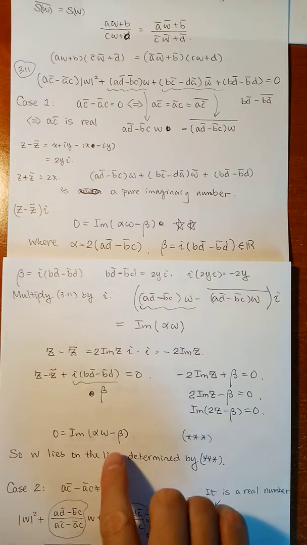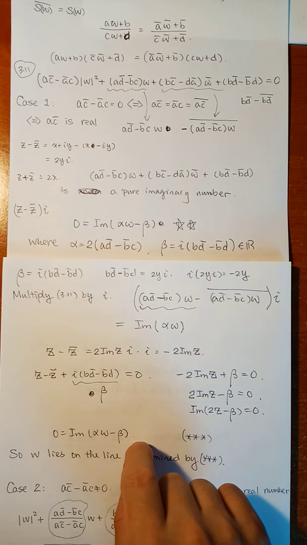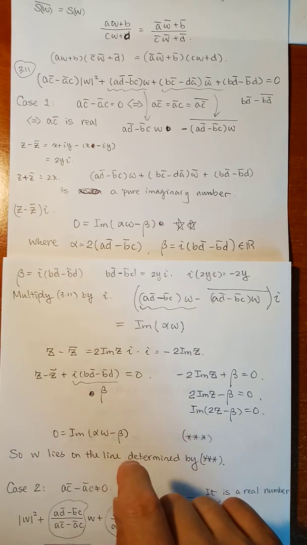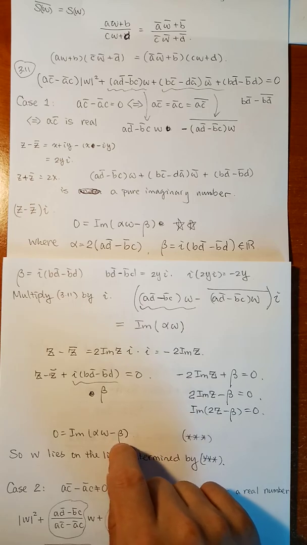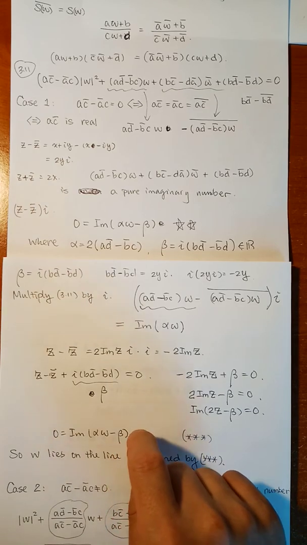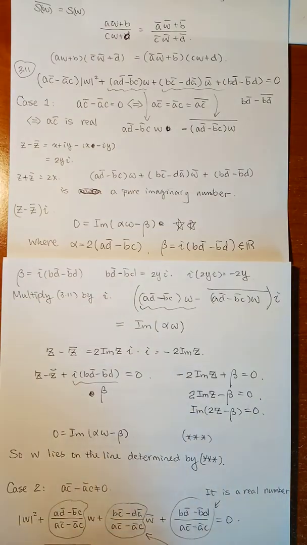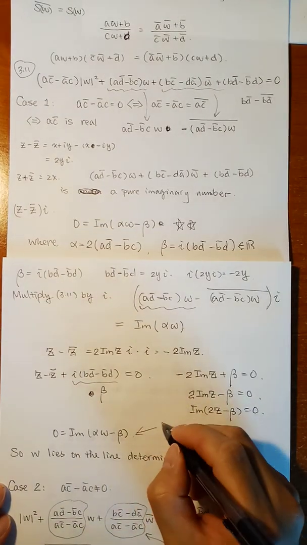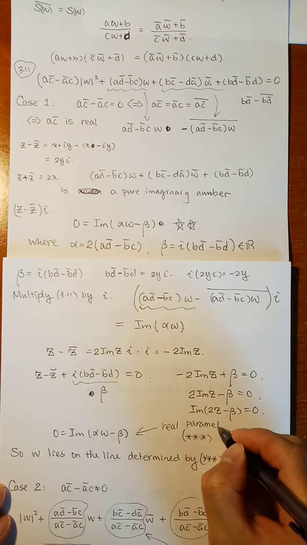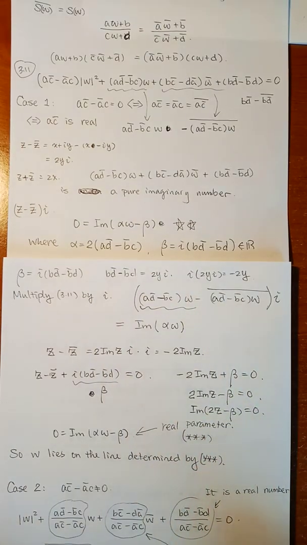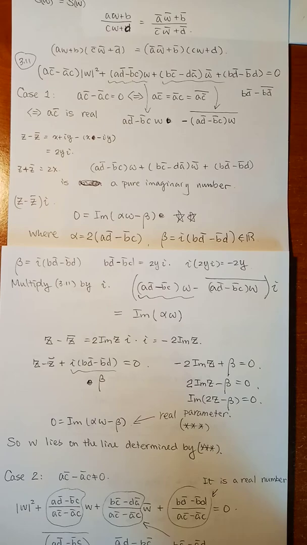The imaginary part is 0. Actually, this is a parameter t. Okay, be careful. This is actually the determination of the real parameter. It only depends on one quantity.